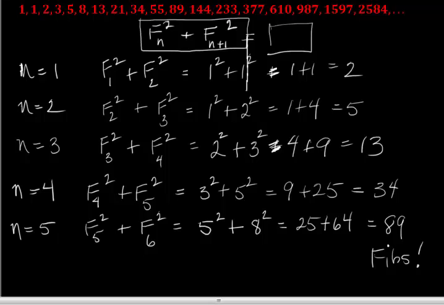So what question naturally comes to mind? Which one? Which Fibonacci? So that's what we have to answer. And the best thing to do now, we ask, which one?